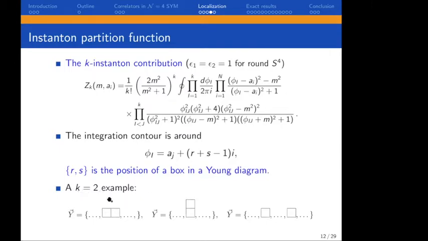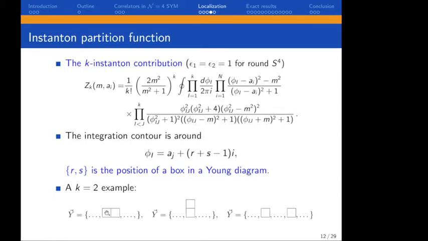I gave one of the first non-trivial examples, where you have two instantons in a SYM theory, where the number of boxes is related to the number of instantons. In the k equals 2 case, you have two boxes, and you distribute these two boxes among positions.